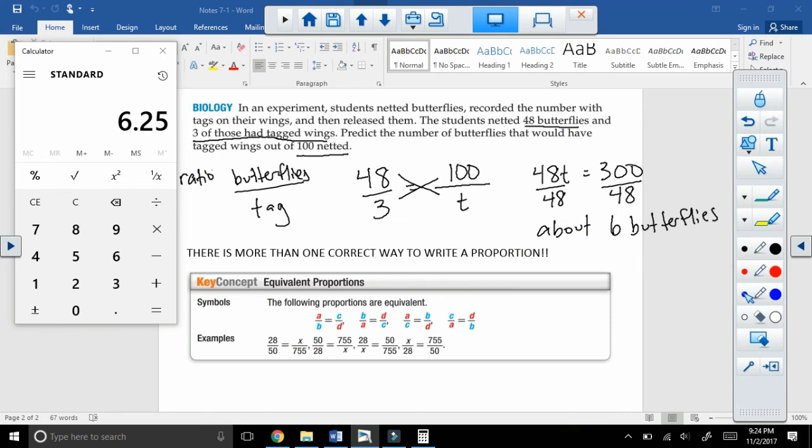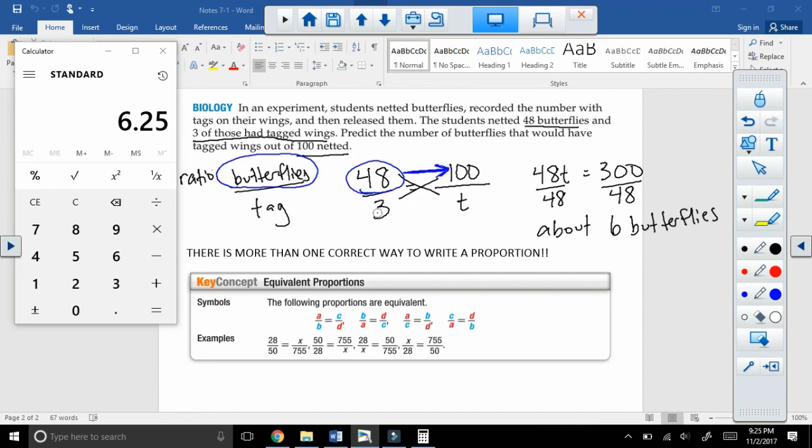And then the last thing I want to point out, you'll probably hear me say this in class over and over again, but there is definitely more than one correct way to write a proportion. What you want to check is that you have things lined up properly. Because I just chose to put the butterfly number in the numerator here, I'd have to line that up with the other number that represented butterflies.